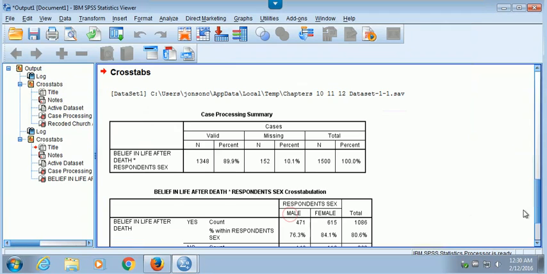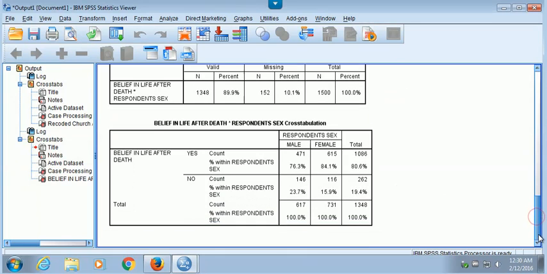So click OK, and we can scroll down again. Don't worry about this box right here. This is the table that we are actually particularly interested in. What you're going to look at is whether or not there is a difference between men and women in whether or not they believe in life after death. So you can see it's not a huge difference.